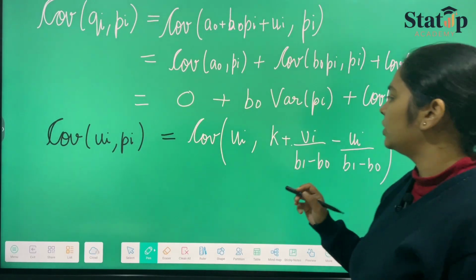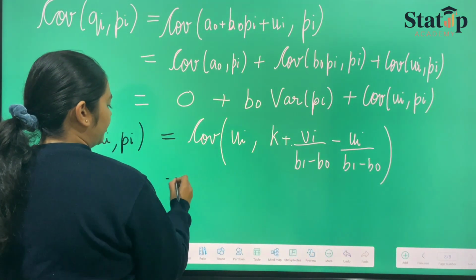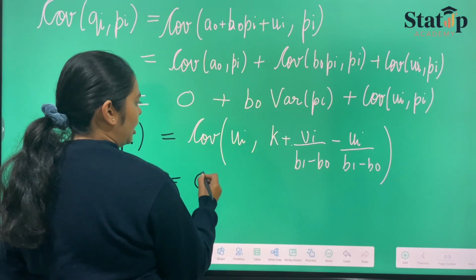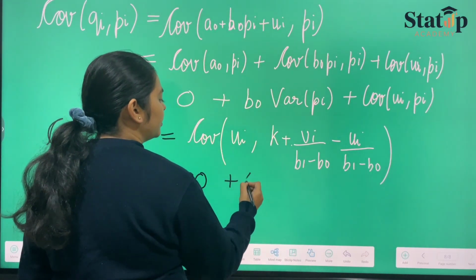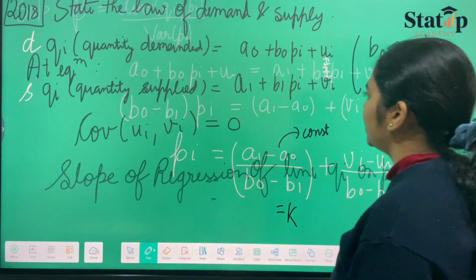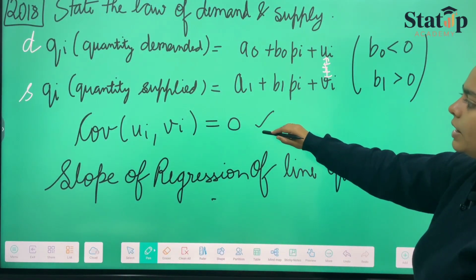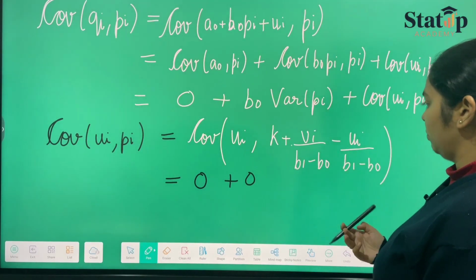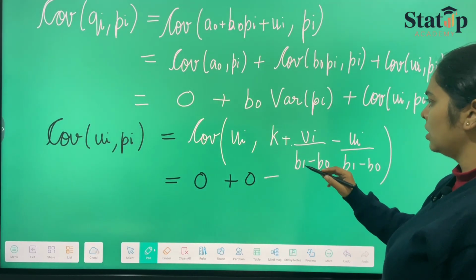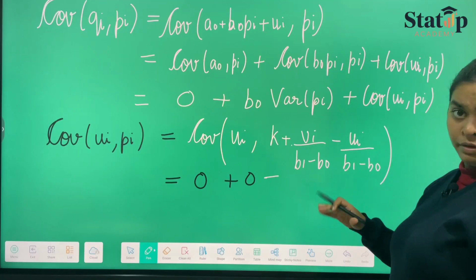So we know that the covariance between Ui and K would be 0, plus the covariance between Ui and Vi would also be 0, because the question has given that the covariance between Ui and Vi is equal to 0. And the third one is minus Ui. So it would be minus covariance of a single term, which is equal to variance.